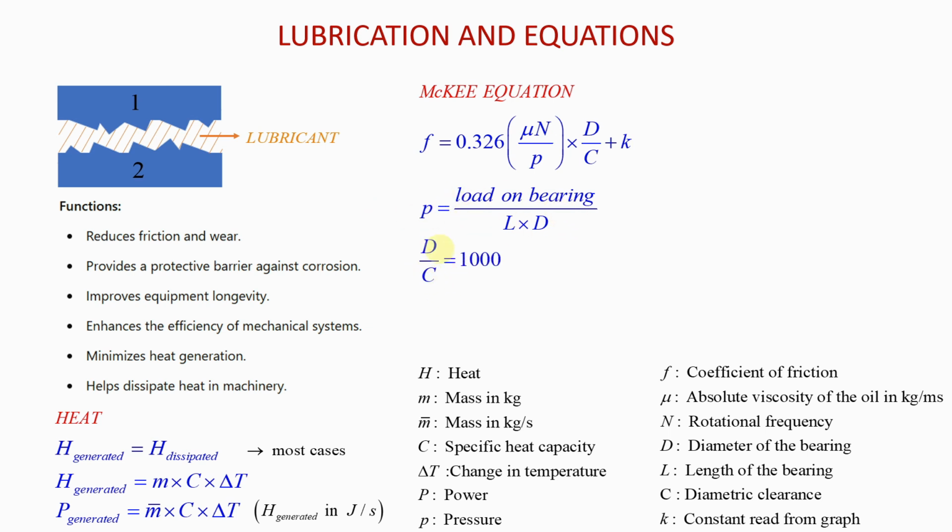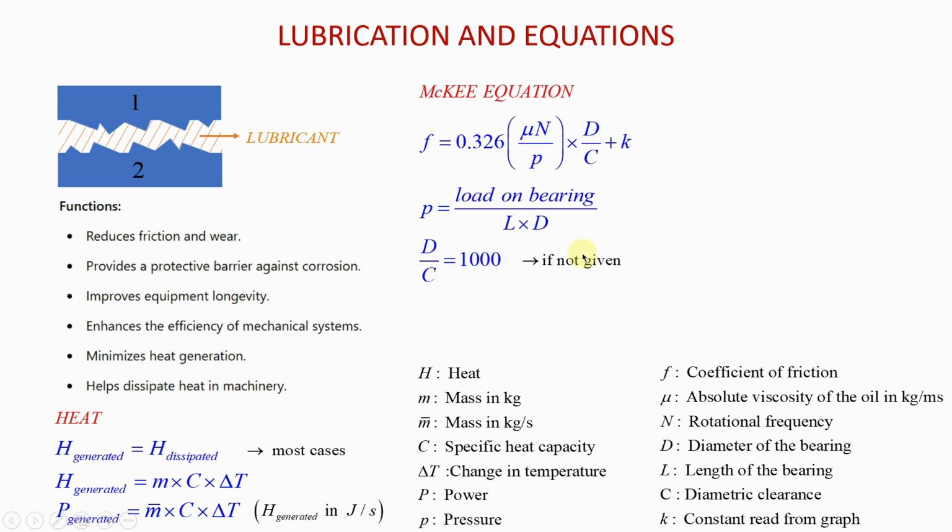And then you have D over C. Again, D is the diameter and C is the clearance. And this is equal to 1000 if it is not given, okay? If you do not have information regarding the clearance, to allow you to get D over C, then you can just assume that D over C is 1000.